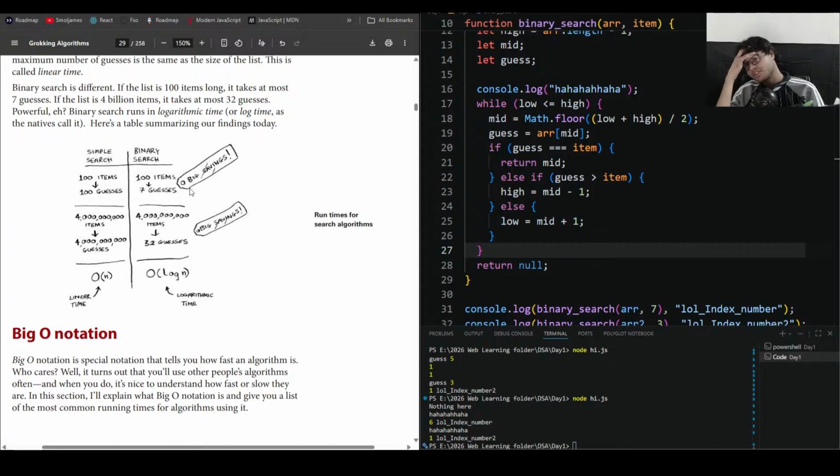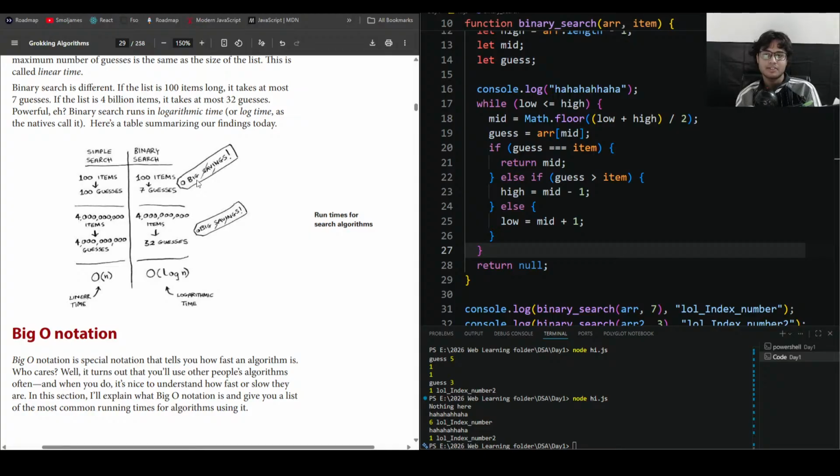Binary search is different. If the list is 100 items long, it takes at most 7 guesses.